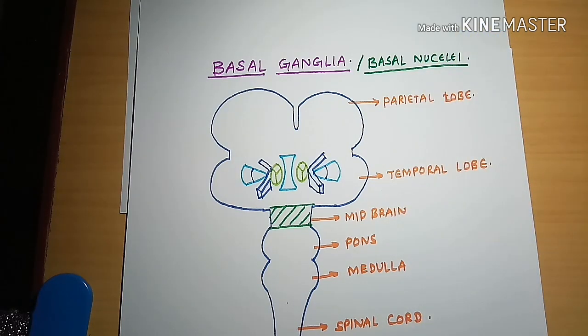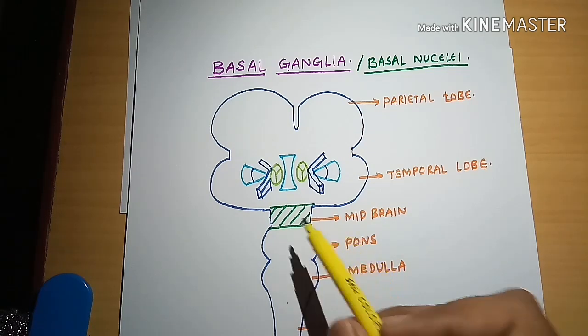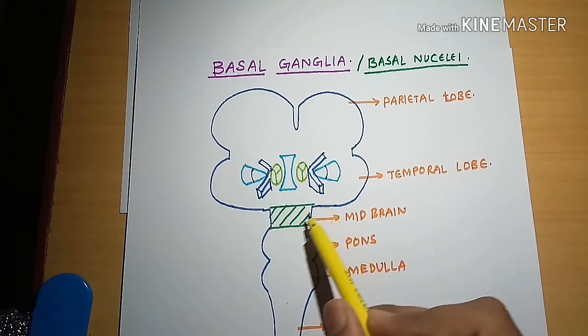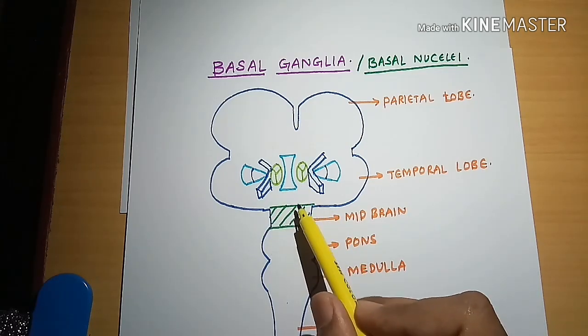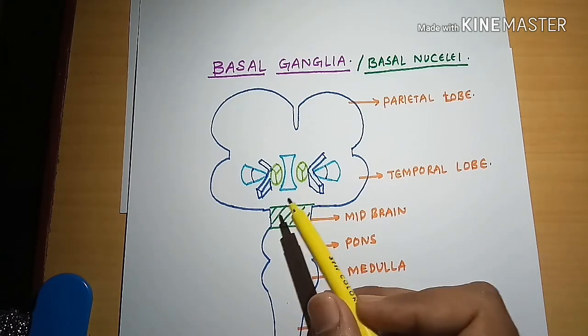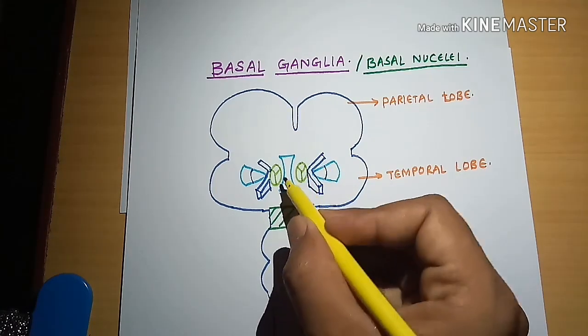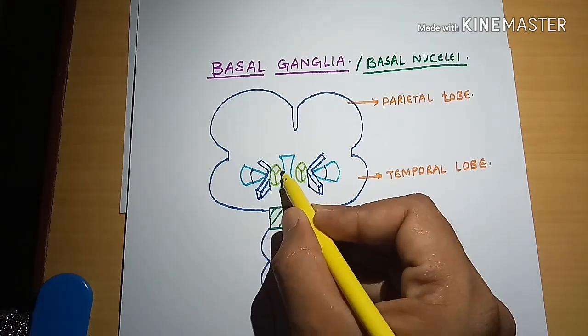Where is the basal nuclei, or the basal ganglia as previously called, actually present? It is present just above the midbrain. If this portion is the midbrain, just above it the two thalami are present.